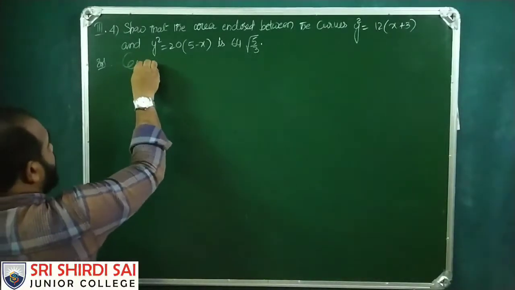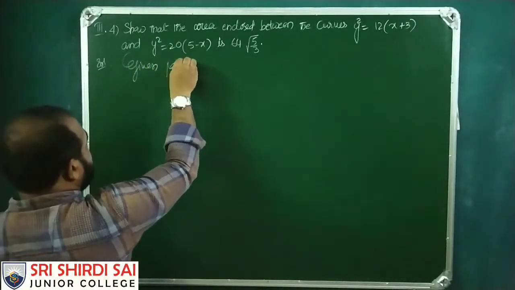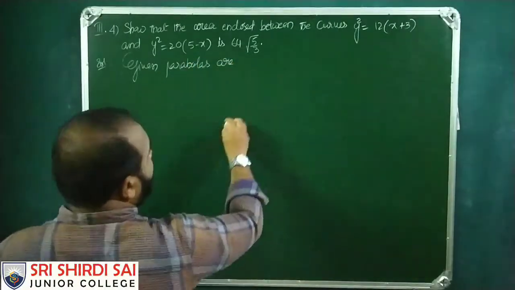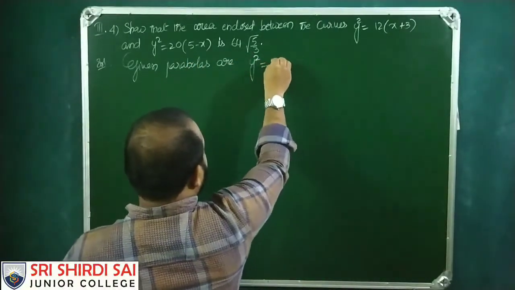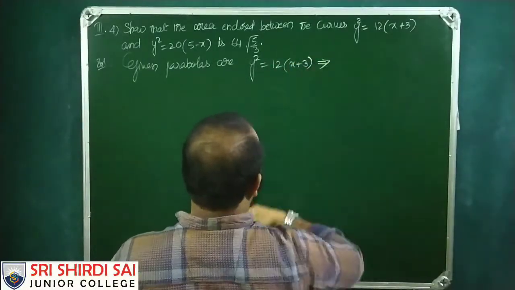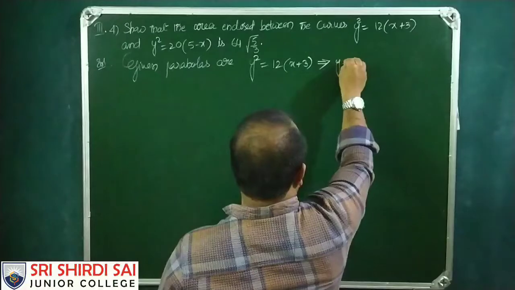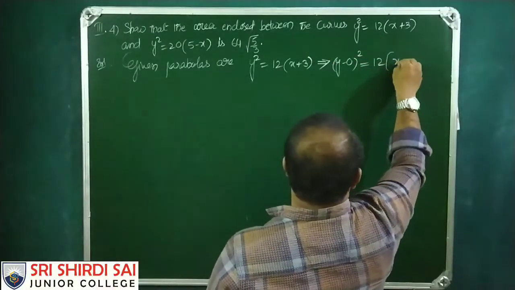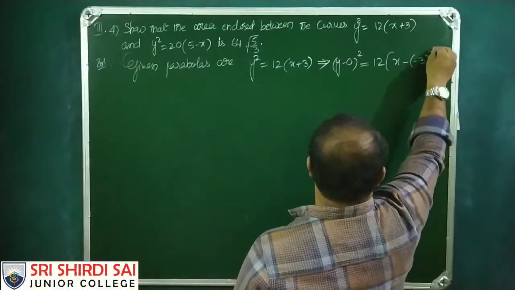So very first, the given parabola is y square equals 12 into x plus 3. This can be rewritten as y minus 0 whole square equals 12 into x minus of minus 3.